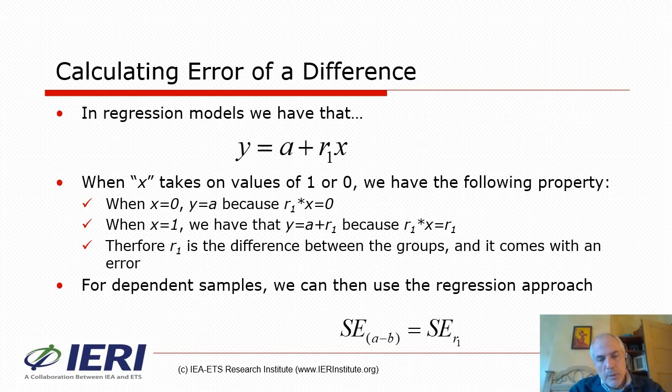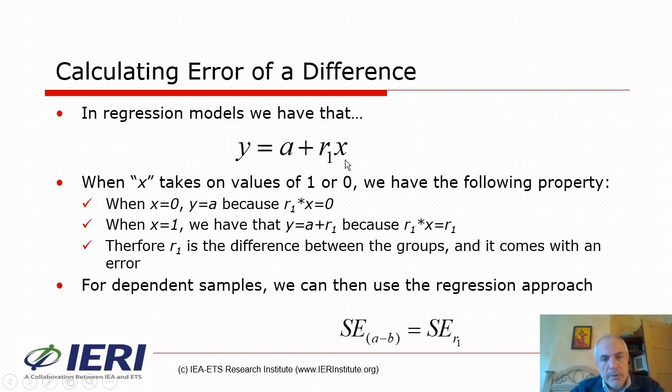An alternative to using the formulas that I showed you just a few seconds ago is to use the regression approach to test differences between subgroups. And remember that in regression we're testing the model whether y is equal to a plus a regression coefficient times a variable.